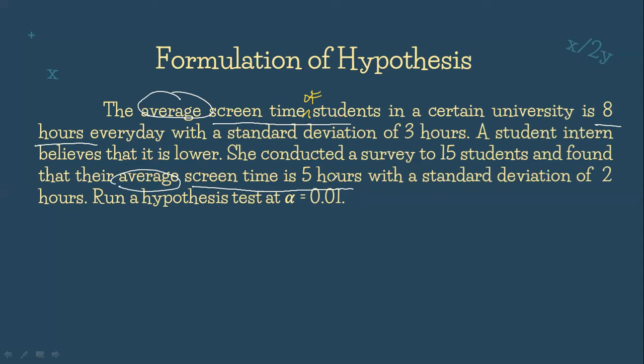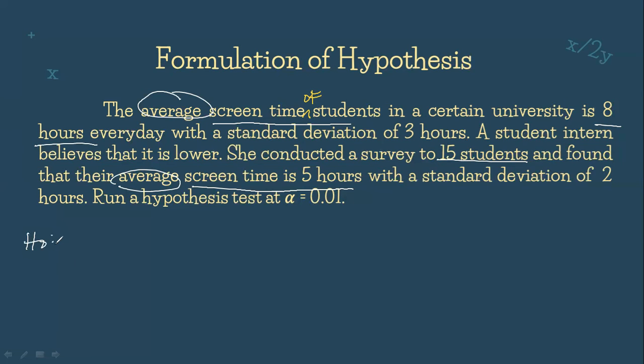So ito pong 5 hours, nanggaling po siya saan? Sa 15 students lang po. Pero sa 8 hours, saan po siya nanggaling? Sa students po nung university. So alin po yung mas malaki? Technically, dun po sa university. So therefore, ito po yung magiging basis natin, yung 8 hours po at hindi po si 5 hours, kahit si 5 hours, may average din.